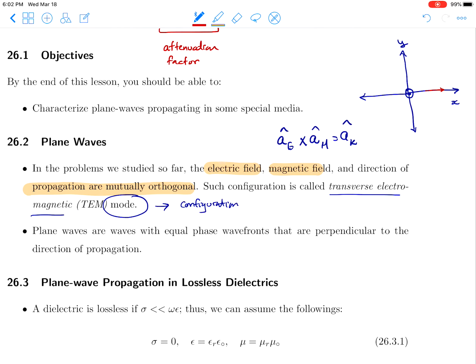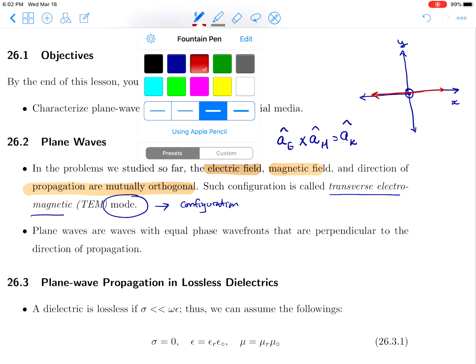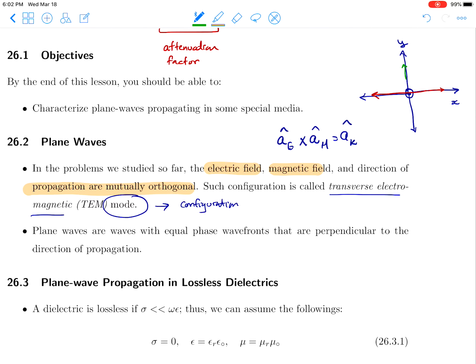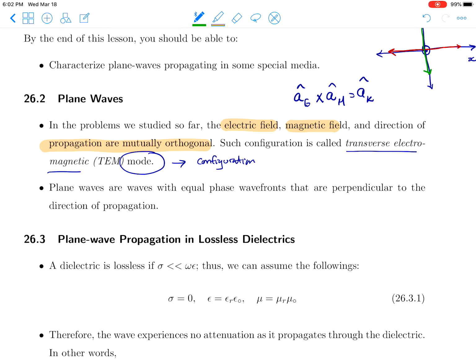The electric field will oscillate along this direction, for example. The magnetic field will oscillate along that direction, and the wave will propagate in a direction perpendicular to both fields, which is the positive z direction.